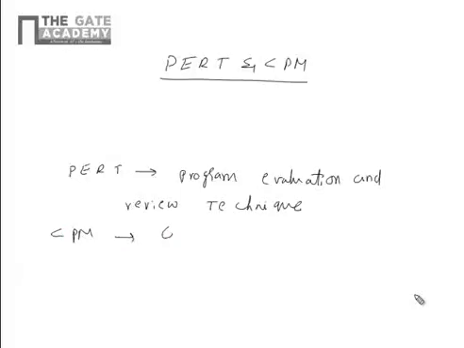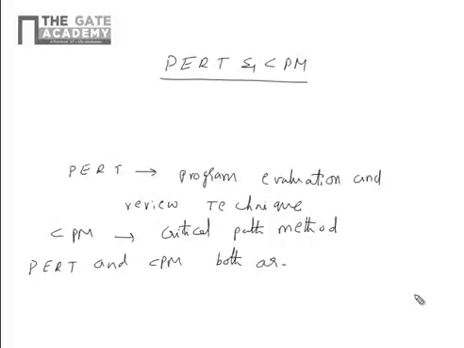CPM is nothing but Critical Path Method. So PERT and CPM both are used for project planning, any project.